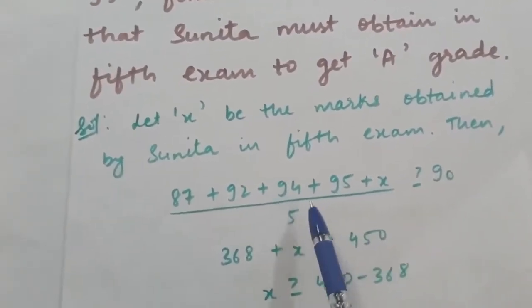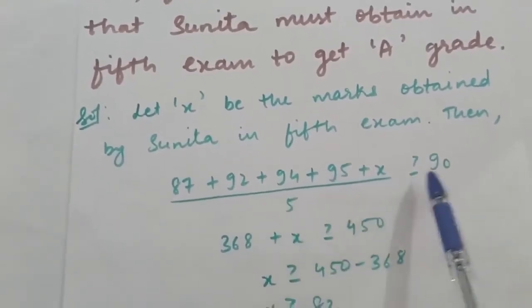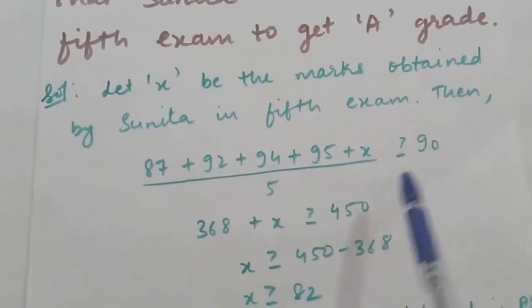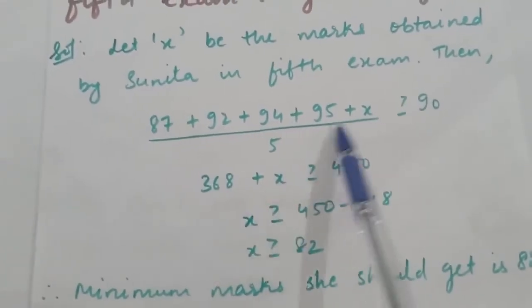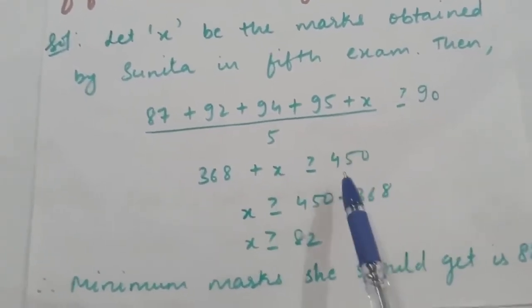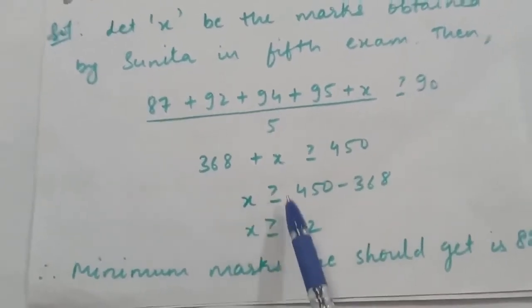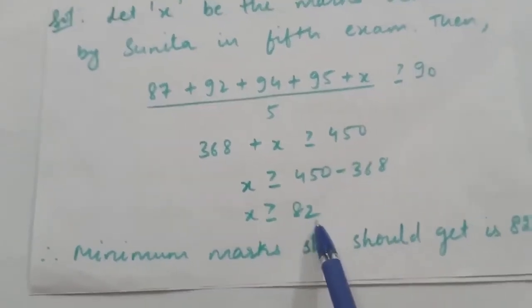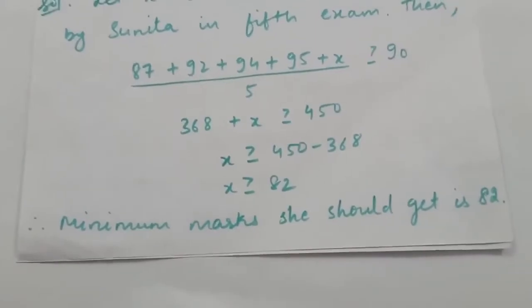Add all the marks, divide by 5, and the average should be equal to or greater than 90. When you solve this, 368 plus x, multiplying both sides by 5, you get greater than or equal to 450. Now x is greater than or equal to 450 minus 368, which is 82. So the minimum marks she should get is 82.